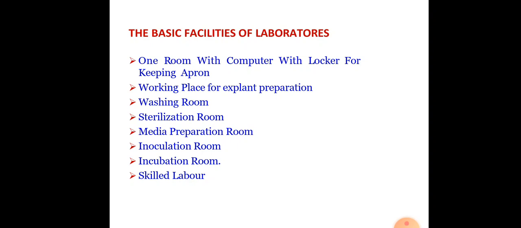The working places include the experiment preparation and washing room, sterilization room, media preparation room, incubation room or incubation chamber, and then the inoculation chamber. Very important, we need a skilled person for this plant tissue culture laboratory.